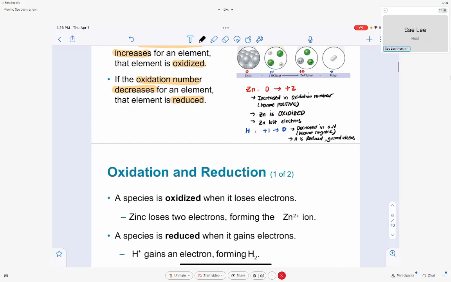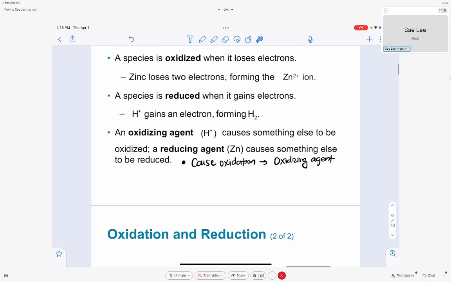The proton, okay? The proton from the hydrochloric acid caused zinc to become oxidized. Zinc is oxidized. So that proton is going to be the oxidizing agent from the previous example.